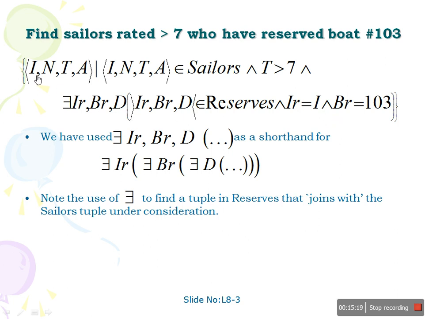Our output will be INTAME: sailor's ID, sailor's name, rating and age. So this is how we can write the same query in relational algebra, tuple relational calculus, domain relational calculus, and the structured query language.